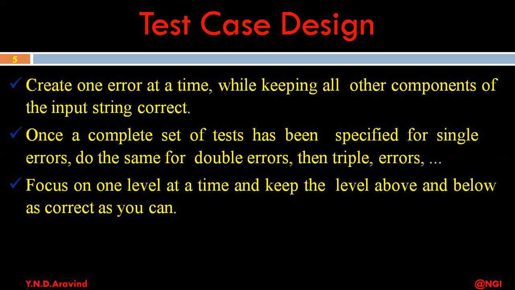We create one error while keeping all the other components of the input string correct, so that in the absence of the single error, the string would have been accepted. Once a complete set of tests has been specified for single errors, we do the same for double errors and then for triple errors.